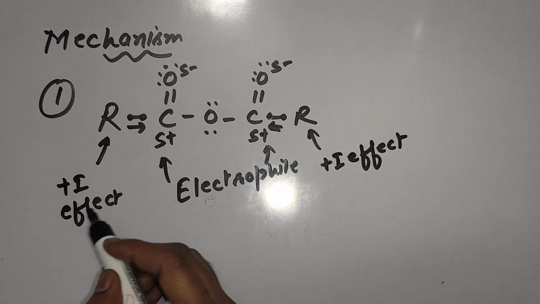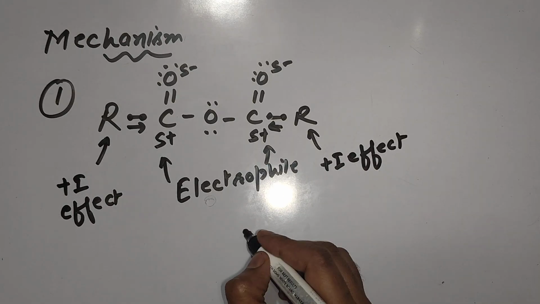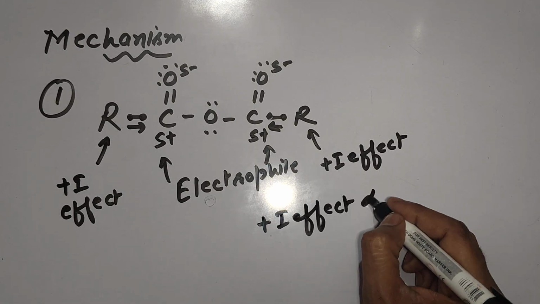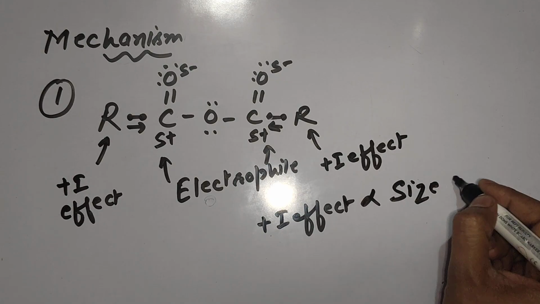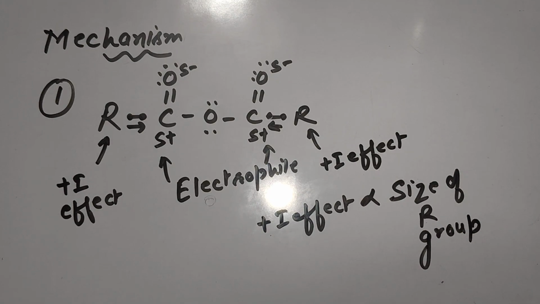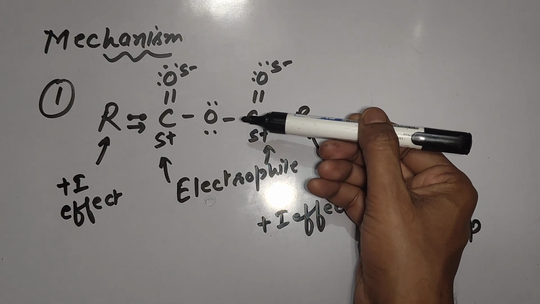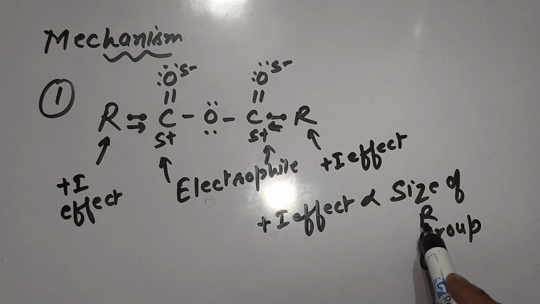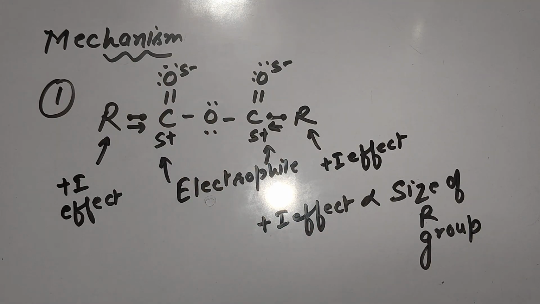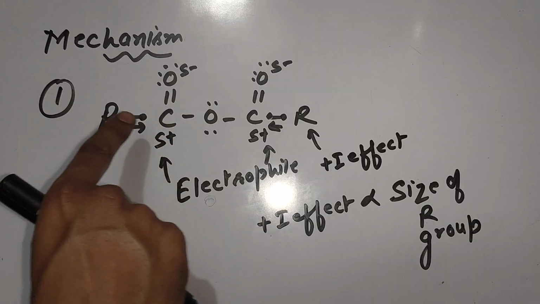This is what we call plus I effect. Now plus I effect depends on the size of the R group. A bigger R group will show more plus I effect, means more movement of electrons toward carbon. Smaller R groups will show less plus I effect, means less movement of electrons toward the carbon side.